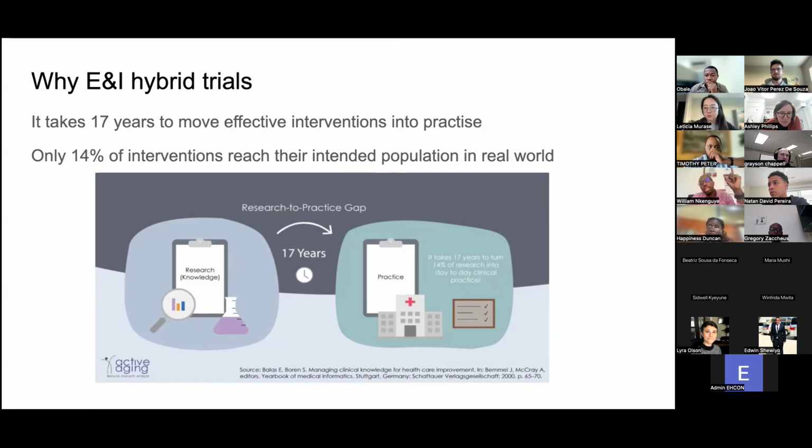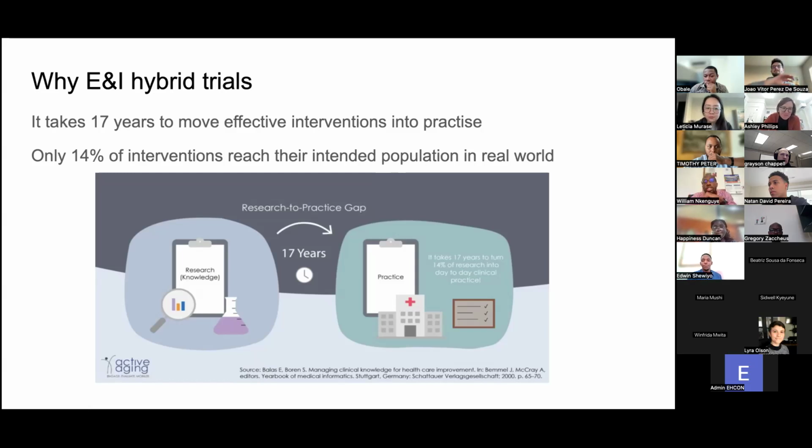If we discover today that something works, in the real-world research pipeline it's going to take around 17 years to move that evidence-based practice into a workable condition. So there is some element of delay, but implementation science as a design tries to bridge this gap, what we call the know-do gap.